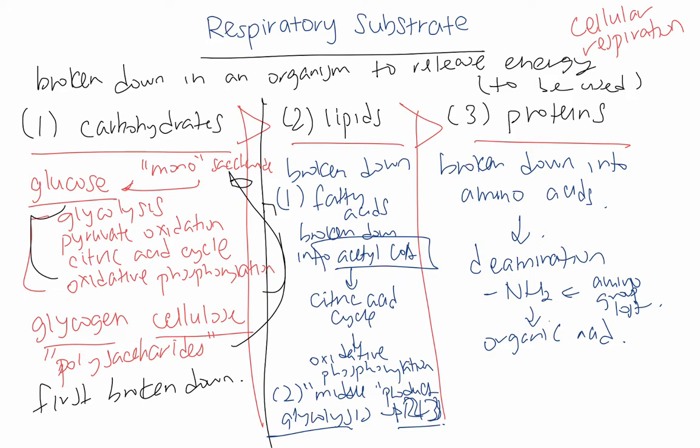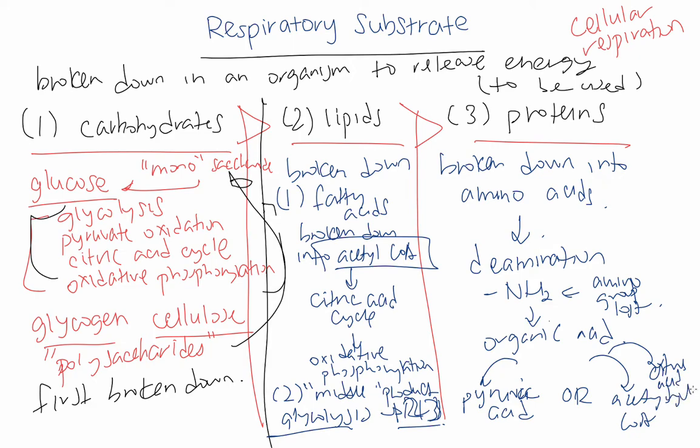Then this organic acid is going to be converted into either pyruvic acid, or acetyl coenzyme A, or it could also be converted into a middle product of the citric acid cycle. And then it could go through pyruvate oxidation, or it could enter in the middle of the citric acid cycle, and it would both go through oxidative phosphorylation.